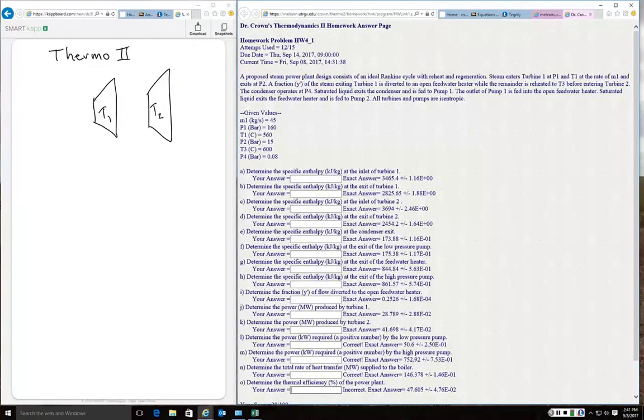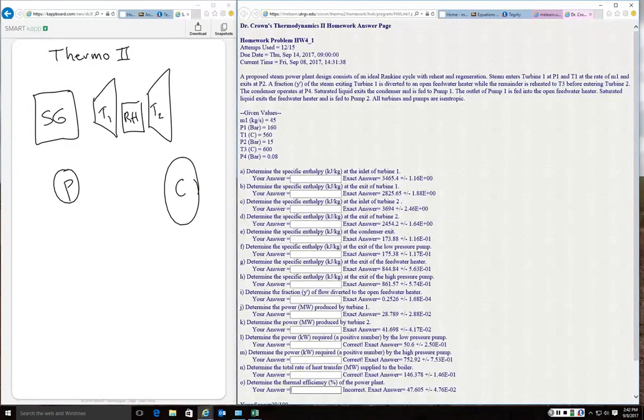Reheat is mentioned, so that's most likely to be between the 2 turbines. We know we're going to have a steam generator always. We know we're always going to have a pump. Sometimes we have more than one. We know we're always going to have a condenser.